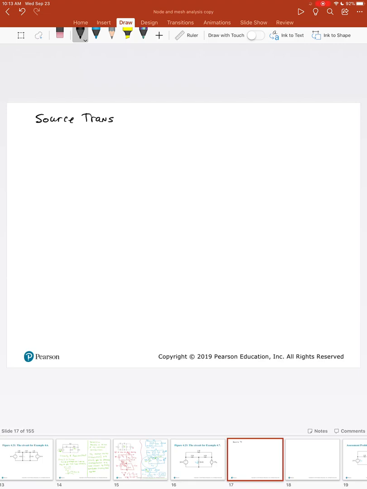Now, source transformation comes about by something we mentioned early in the semester, terminal pair equivalence. So we make a lot of substitutions in circuits in order to make them easier to solve.